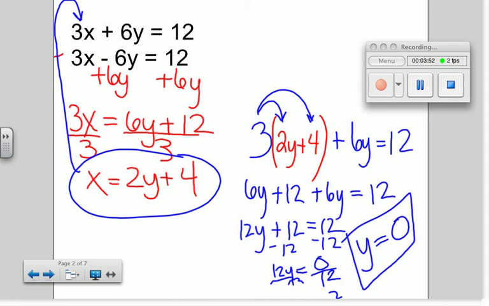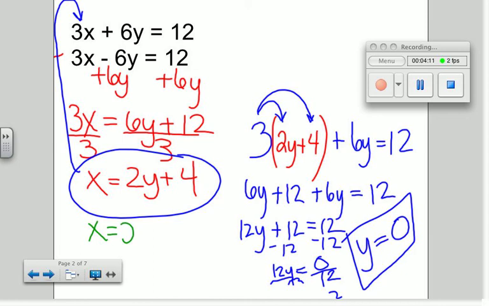Again, you're going to use substitution. You're going to substitute that value back into your equation. I am going to substitute it into the equation that I solved for x, plugging it in for my y.